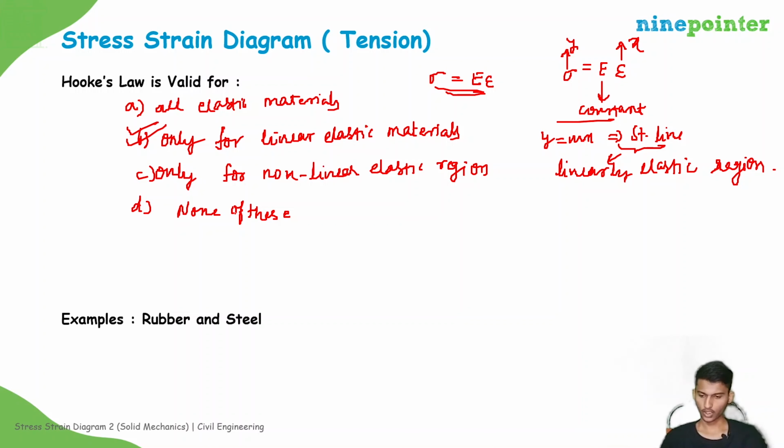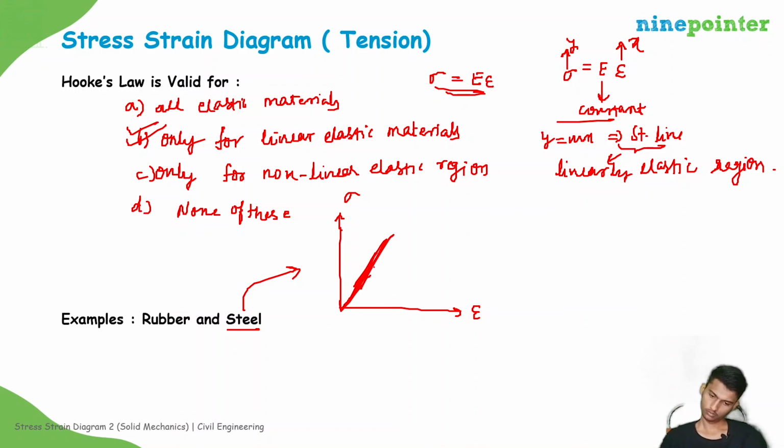For example, if you consider steel and see its stress strain diagram, sigma versus epsilon, initially it will have a straight line. After that, it will change. If you consider rubber, in the elastic region its stress strain diagram is something like this. It is also elastic.